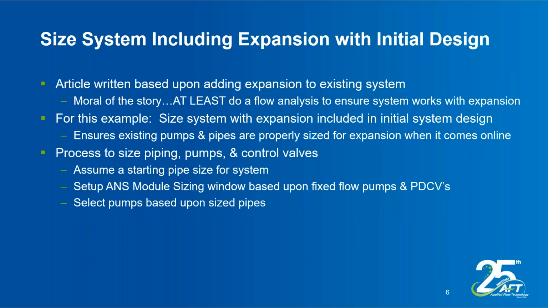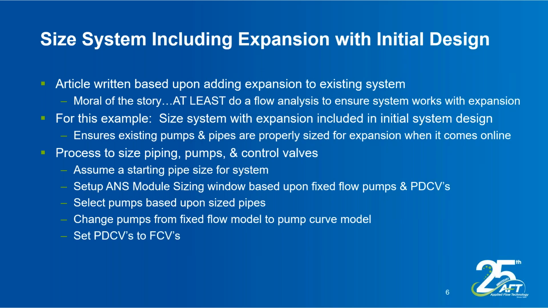And then you'd be able to select your pumps once your pipes are sized. So the ANS module will go through and it'll select the appropriate pipe sizes. And based upon those new pipe sizes, then you'd be able to go in and get pump curves that will meet that operation. After that, you could do things like changing the pumps from fixed flow models, which were used for sizing, to an actual pump curve model.